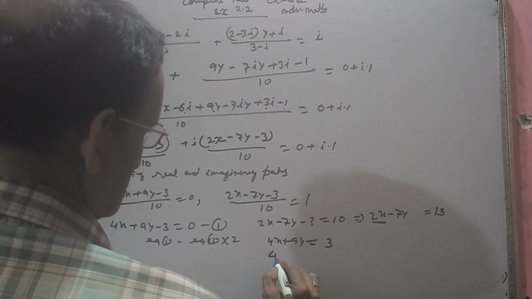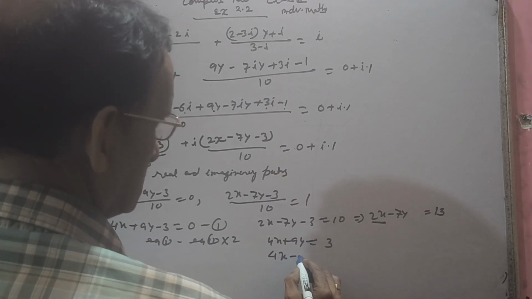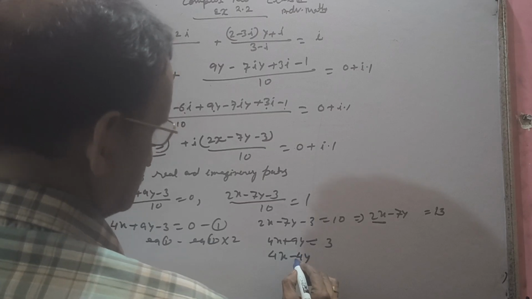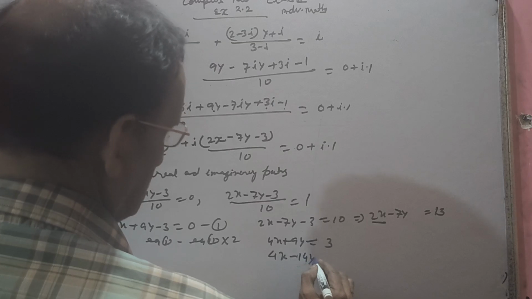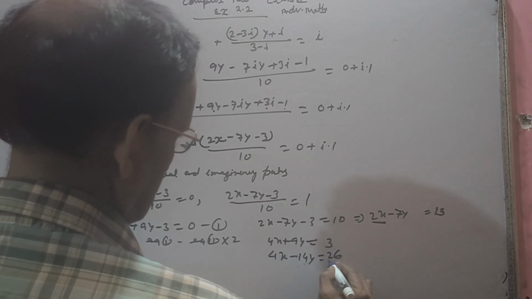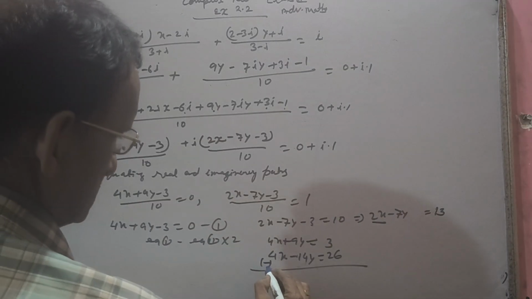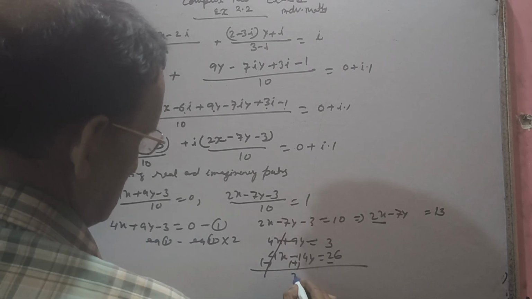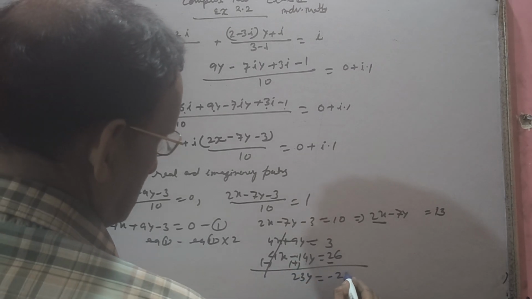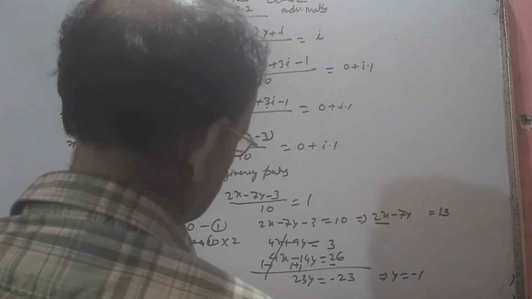And here 4x minus 14y is equal to 26. We are subtracting, so the signs will change. This cancels. 23y equal to minus 23. You are getting y equal to minus 1.